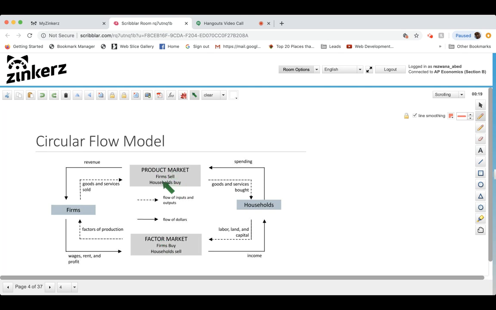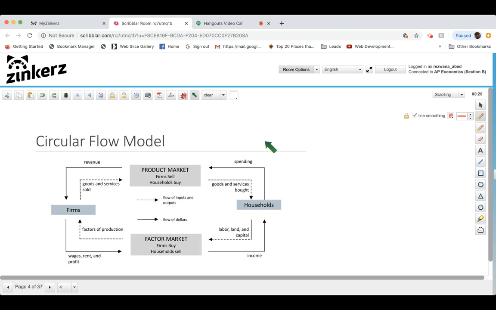The circular flow model shows us the flow of inputs and outputs throughout the economy, and also how money, the flow of dollars, moves. The dashed arrows represent how inputs and outputs flow, and the solid arrows show how money flows around the economy from one entity to another.